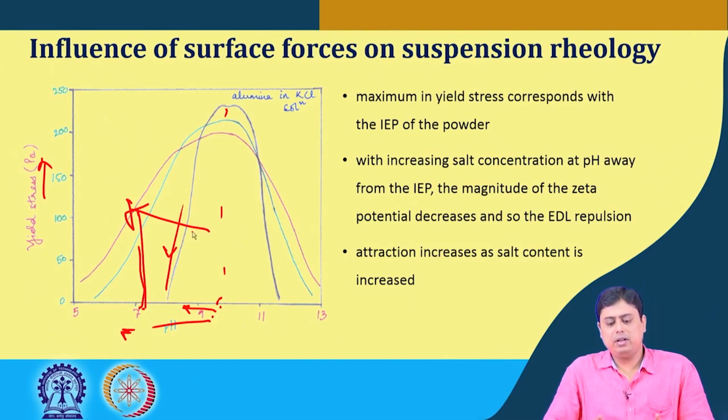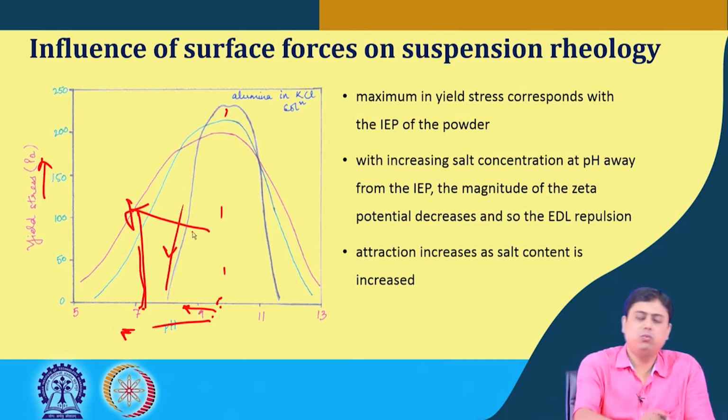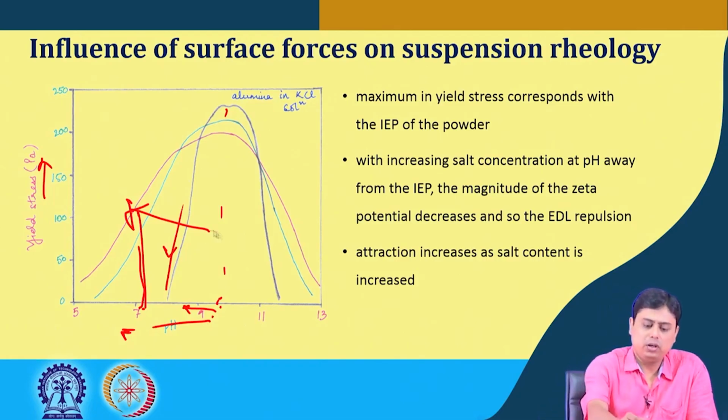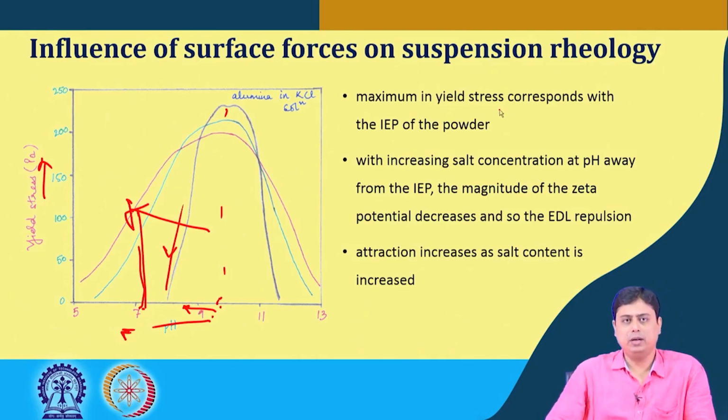So similar behavior is observed in other solutions and other solid particles or fine particles. I hope this schematic is clear to you, where we have shown here a certain concentration of fine particles of alumina in a salt solution.